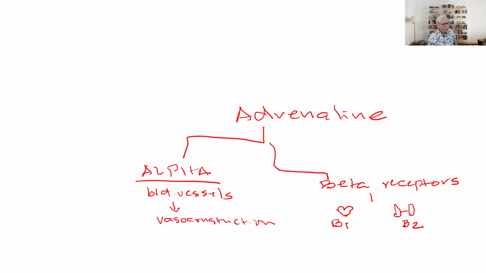Okay. What does adrenaline do to the heart? It increases the heart rate. What does adrenaline do to the lungs? It causes bronchodilation.